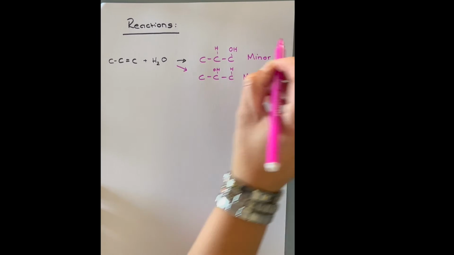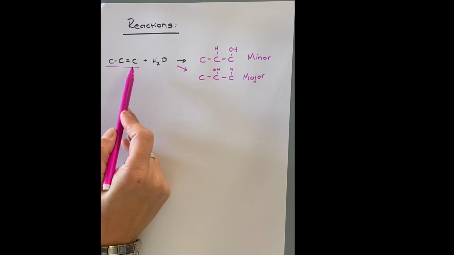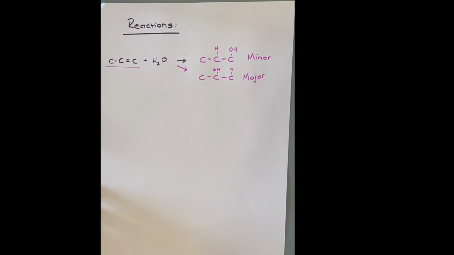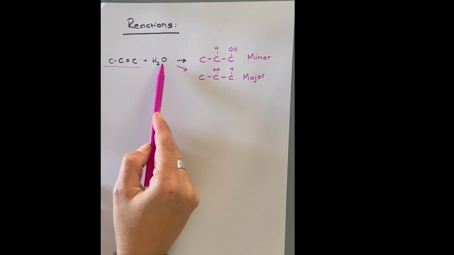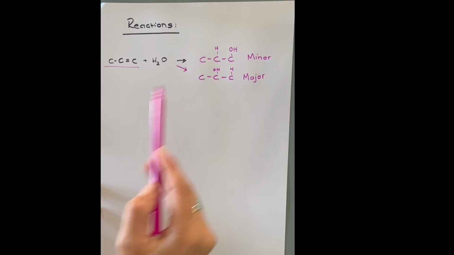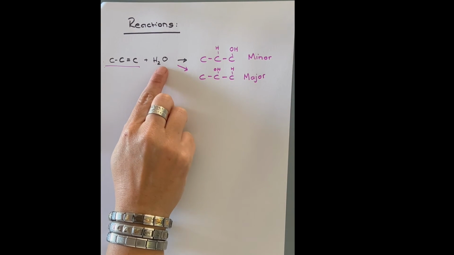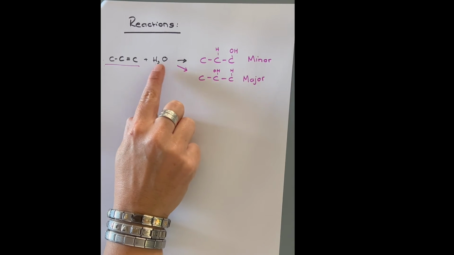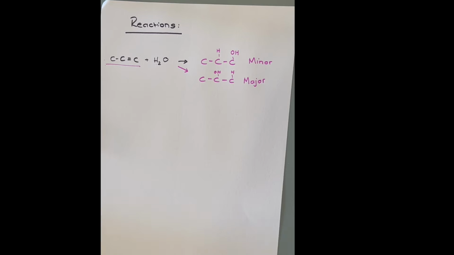And remember, this only happens when a molecule is asymmetrical, when there's 2 options, we follow Markovnikov's rule. Okay, so the first reaction is we've got an alkene, we're adding water to it to form an alcohol at the end. This is called an addition reaction because we're adding little parts or atoms to the molecule, so called an addition reaction.